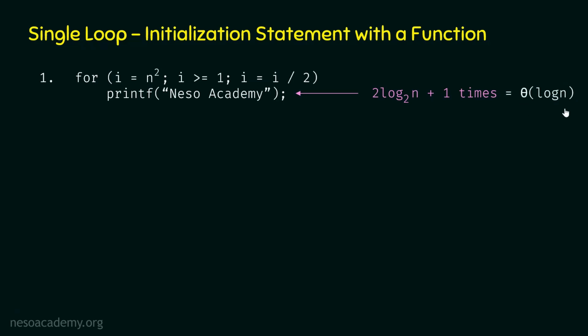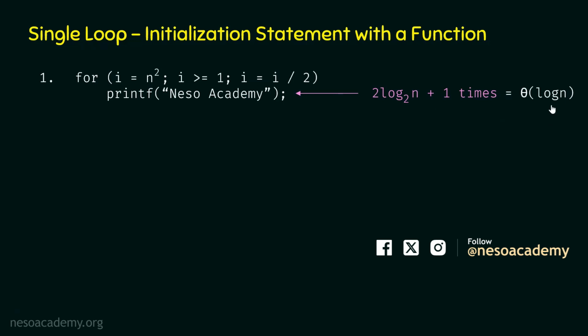This is the time complexity of this loop. We have eliminated the constants and the base. We are getting log n in the asymptotic notation. Here I have mentioned theta because log n is both the worst case and the best case of this loop.